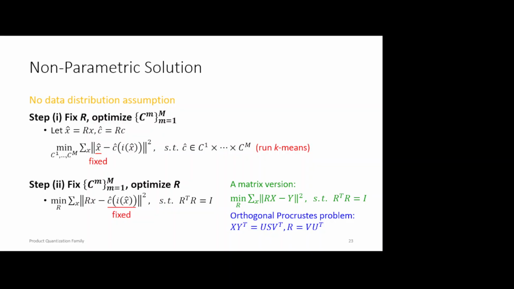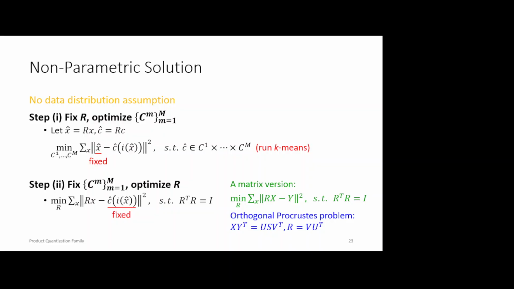If you want to solve this such that R transpose R is identity, you just do SVD, singular value decomposition, to find the U and V matrices, then R will be V U transpose. It's an analytic solution.